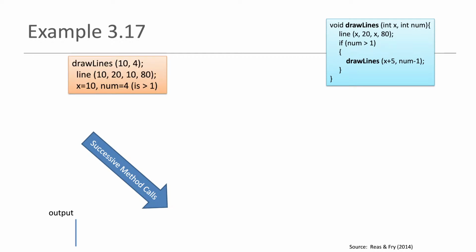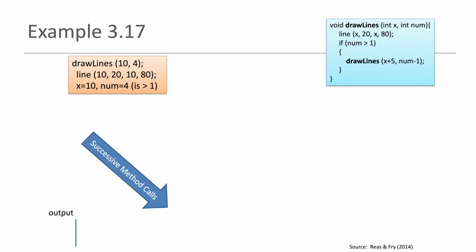So draw lines 10, 4 says the X is 10, the number is 4, and the number being 4 is greater than 1. So I'm going to call draw lines again, i.e. this bit here is going to get called again. So we're writing a method, and as part of solving the problem, we're calling that method again.